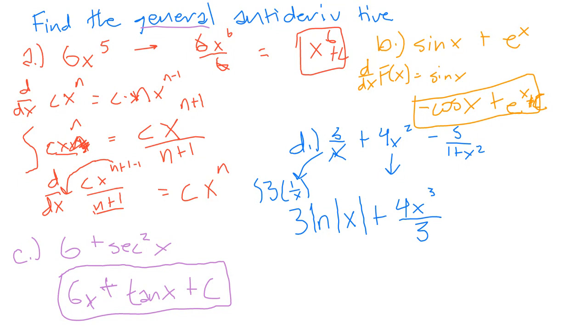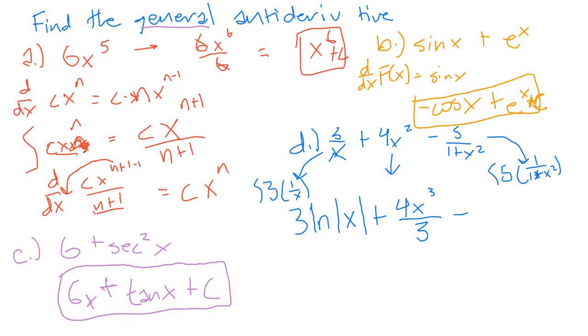Now for this 5 over 1 plus x squared, yes, we can go ahead and pull out a 5, and get 1 over 1 plus x squared, and see if it gives us anything interesting. Let's think.